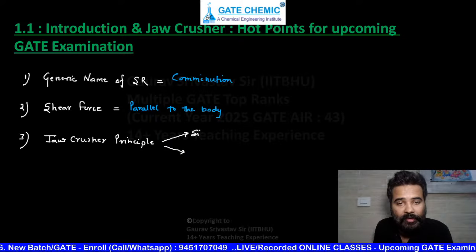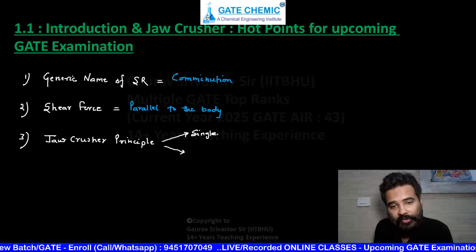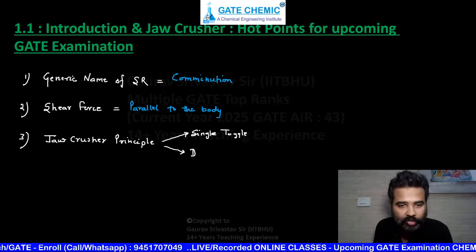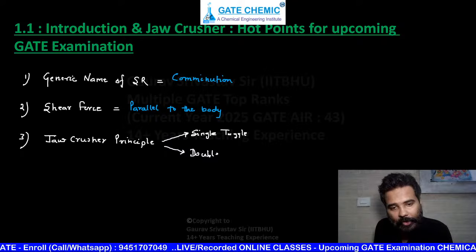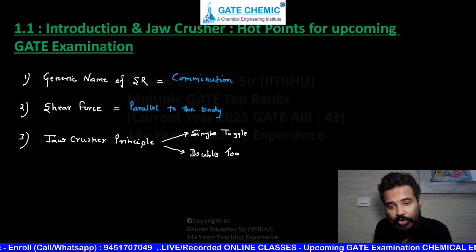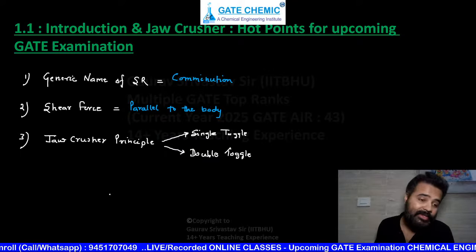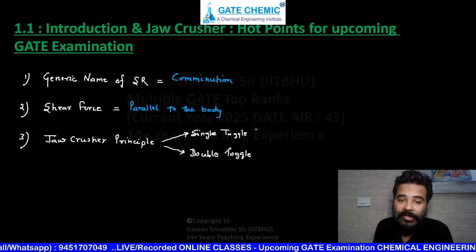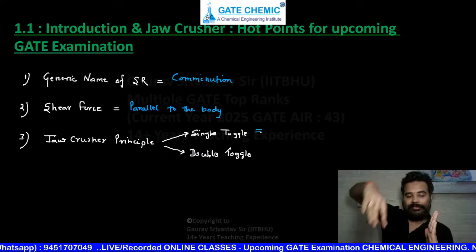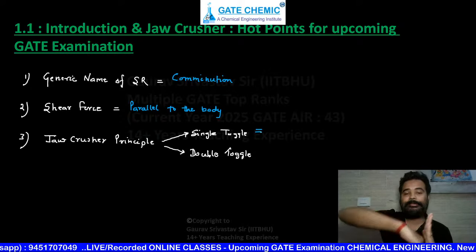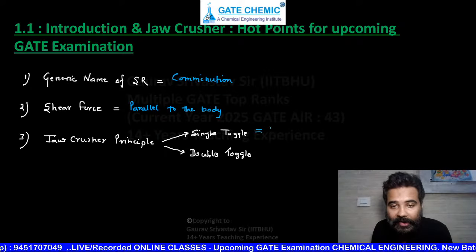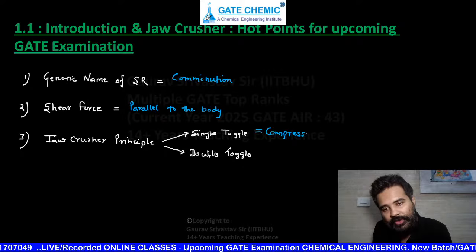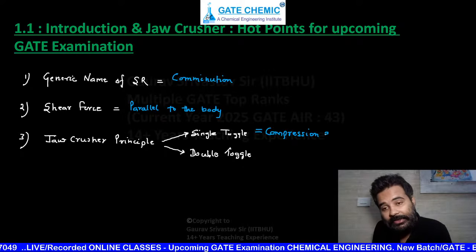One is single toggle, and one is double toggle. This is the Sanjeevani booti, beta, what you are writing, this is Sanjeevani booti for your examination, my dear students. In single toggle, you had seen the motion is like this. So here compression, and one more is friction.